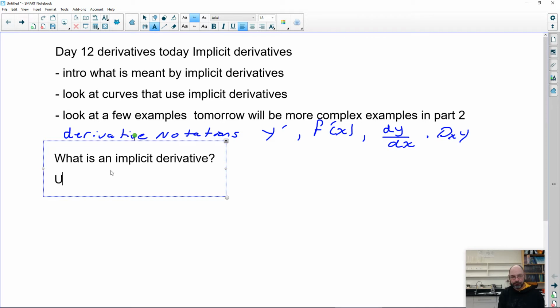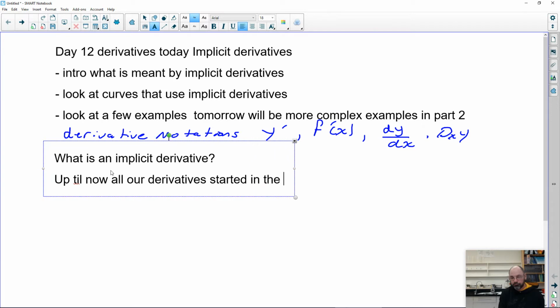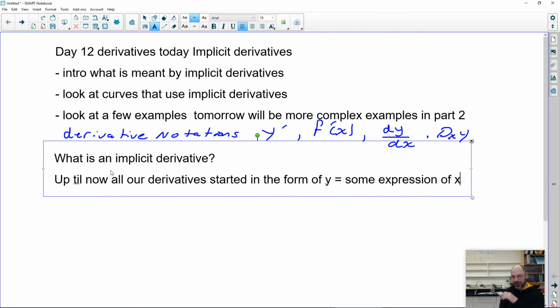Up until now, all our derivatives started in the form of an equation of y equals some expression of x. Sometimes we substituted in, or did the chain rule if it was a very complex expression of x.